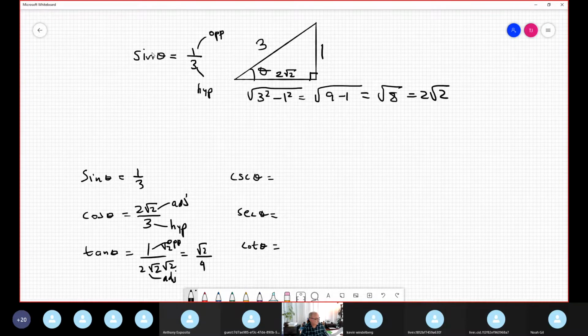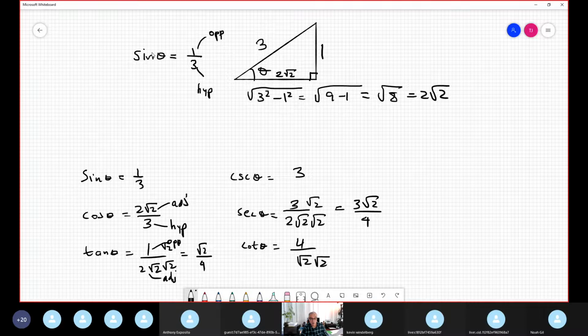Cosecant is 3 over 1, which is invisible, so cosecant is 3. Secant is the reciprocal of cosine: 3 over 2 radical 2. Rationalize: 3 radical 2 over 4. And cotangent is the reciprocal of tangent: 4 over radical 2. Rationalize: 4 radical 2 over 2, which is 2 radical 2.